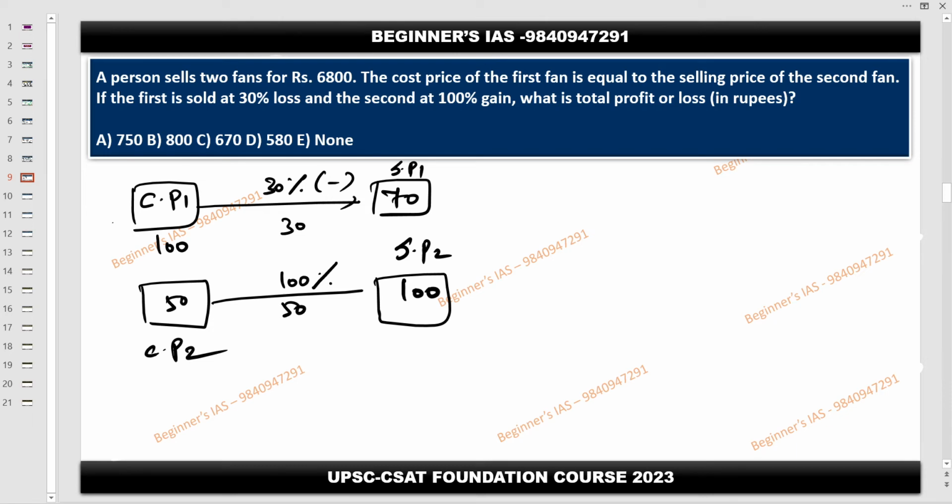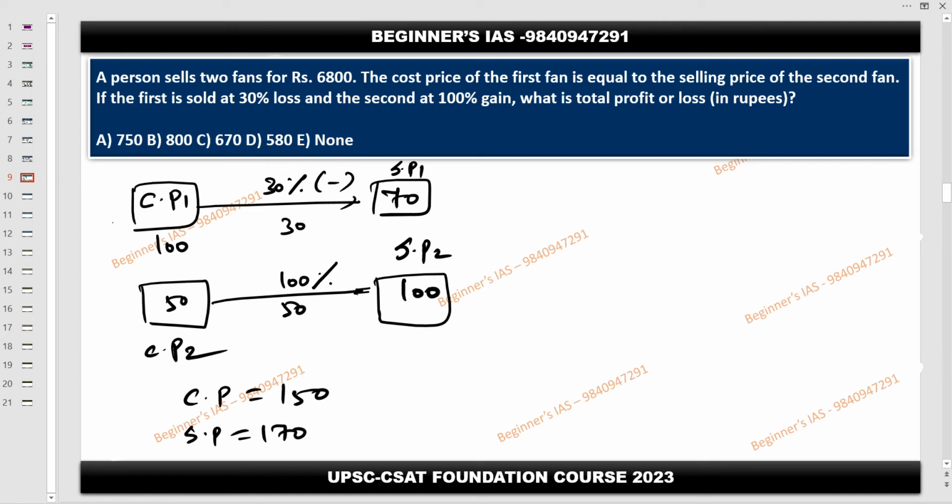So I did 100 minus 30, that is 70%. And coming to the second, I took a profit of 100%, and that is 50. Then I took the total cost price, so I have added it and made it 150. And then I did the total selling price.